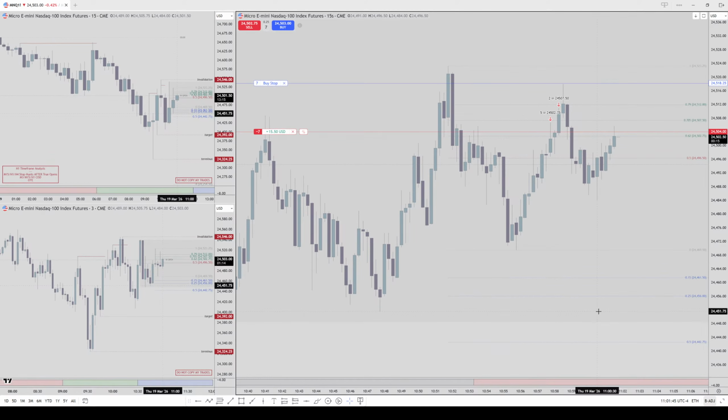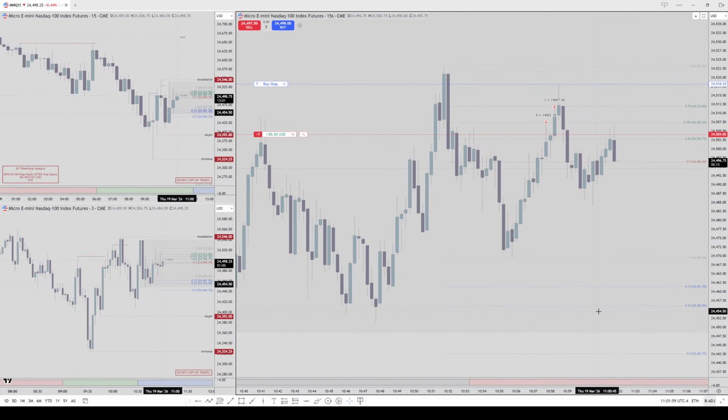Alright, it's consolidating quite a lot. Not too bad. Okay, I think we can gravitate lower now.